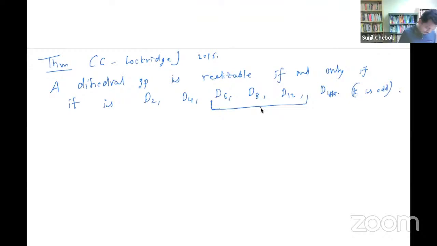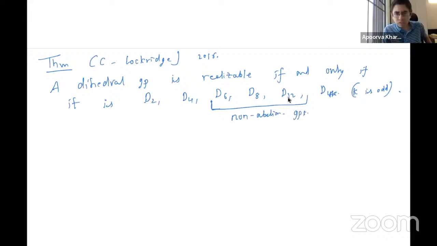So forget about D4K for a moment, but D6, D8, D12, these are the non-abelian ones. Everything bigger than D4 is non-abelian, right?